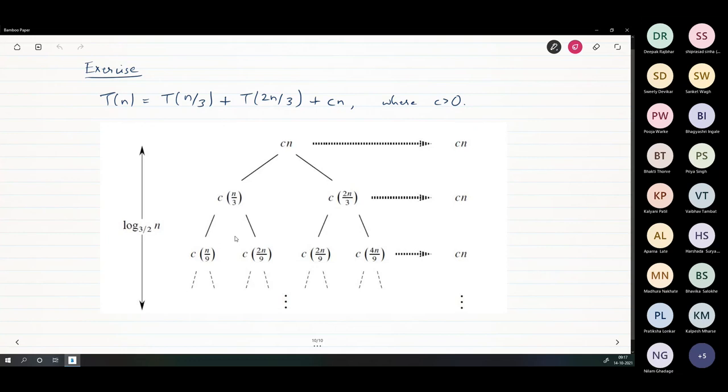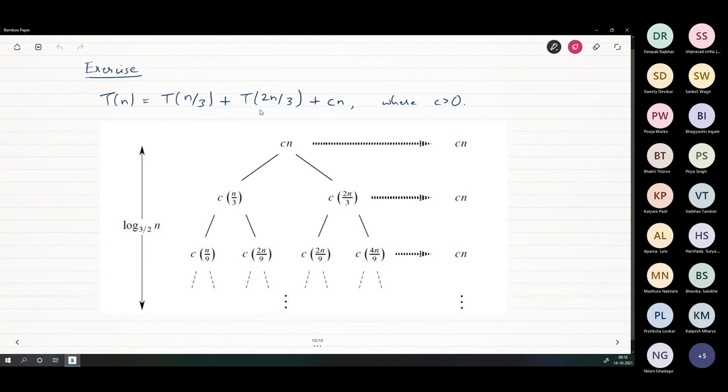If you have 1 by 3, you take log to the base 3. But here you have two factors. In one term you have 1 by 3, in the other term you have 2 by 3. So you are supposed to look at the maximum of those two, the largest factor. The largest factor is 2 by 3.